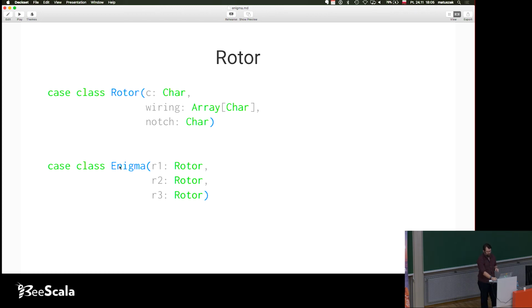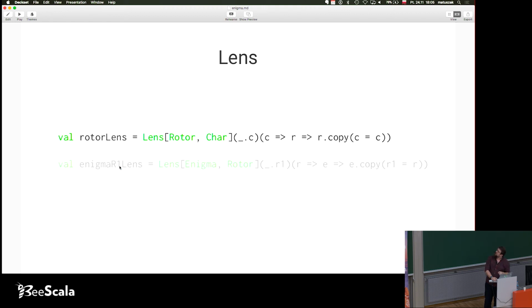Now if you want to update the nested value, or move the rotor one rotation forward, we can define a rotor lens, which will allow us to zoom into the character inside the rotor. The first argument of the constructor is the getter. The second one is the update, and in this case we have to use the copy method.